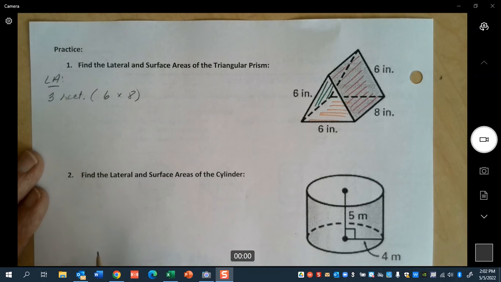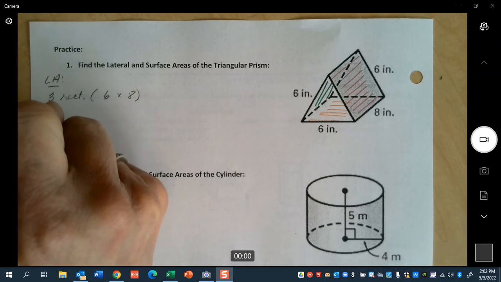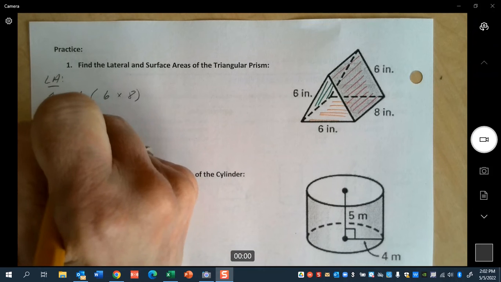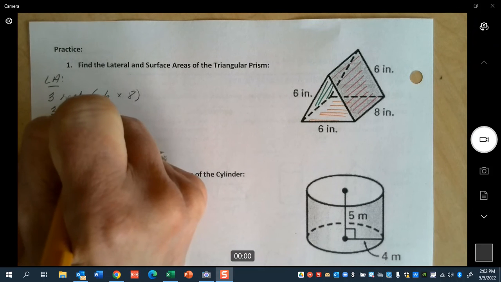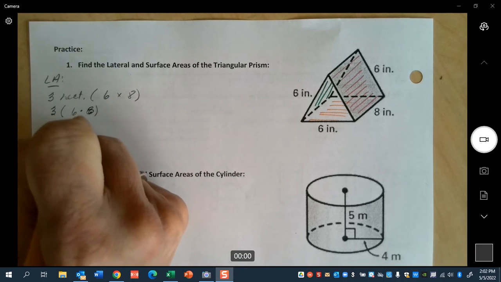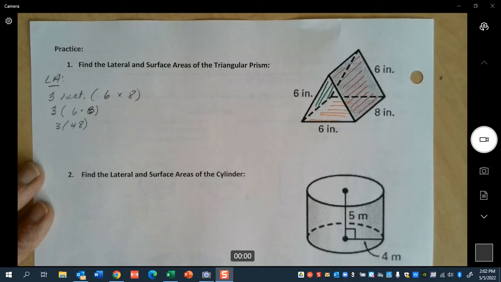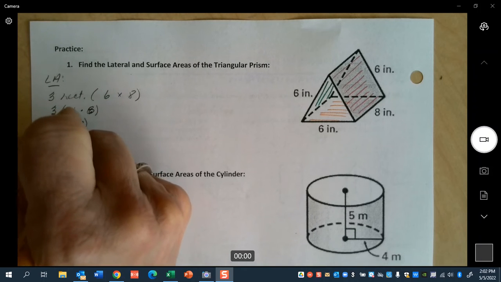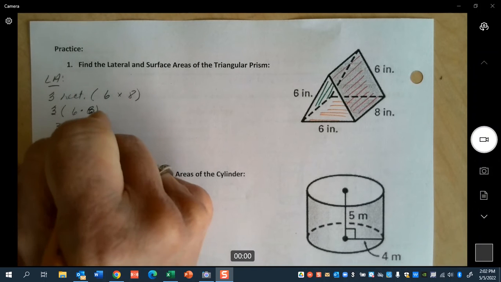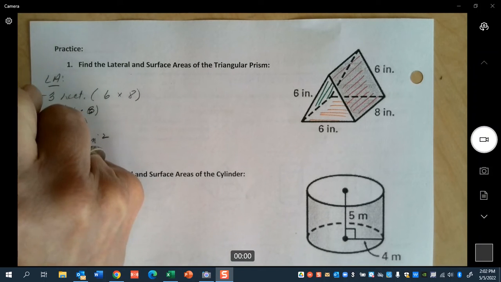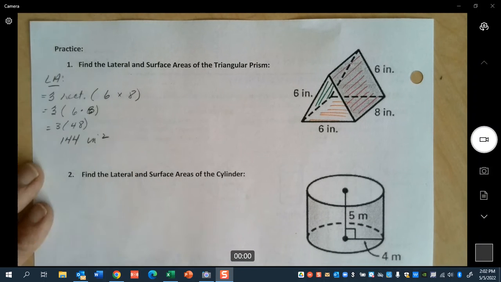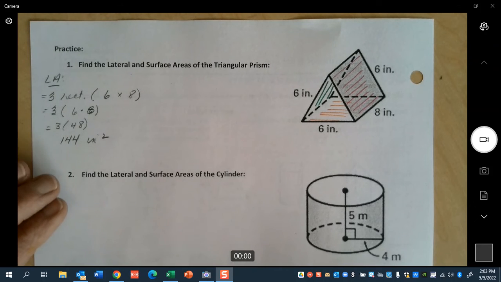So when I go to find their area, 3 sets of 6 by 8 is going to give me 3 times 48, or 144 square inches. So that's what my lateral area is going to be.